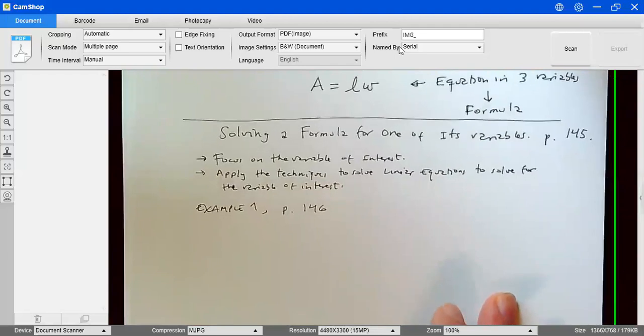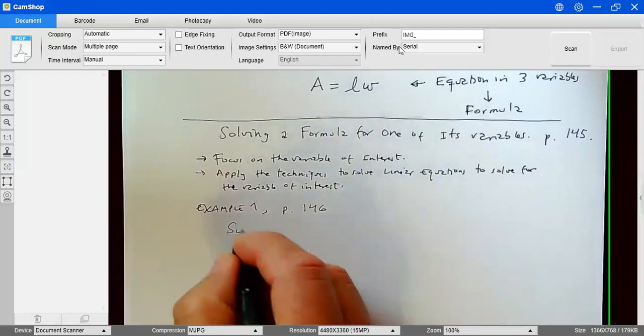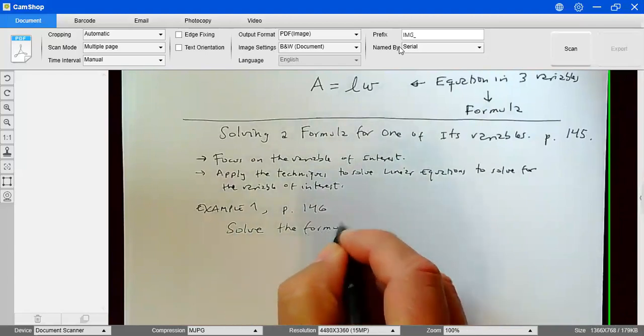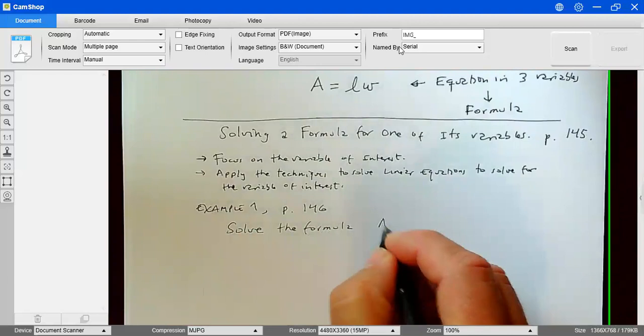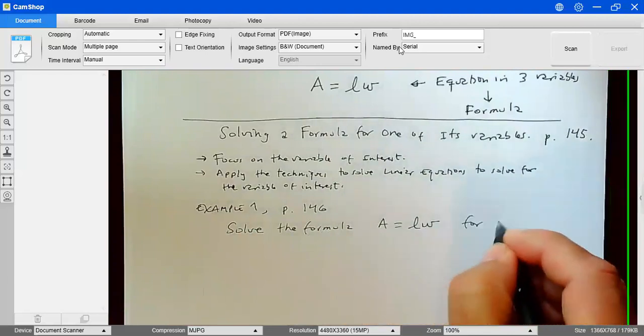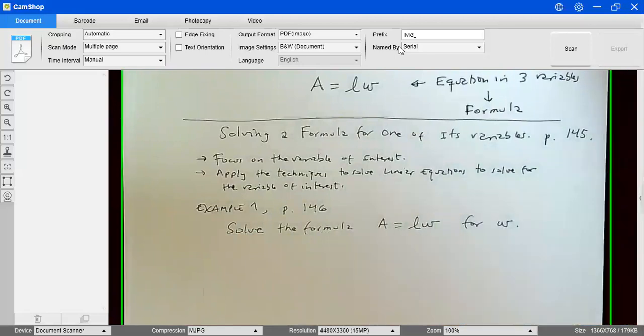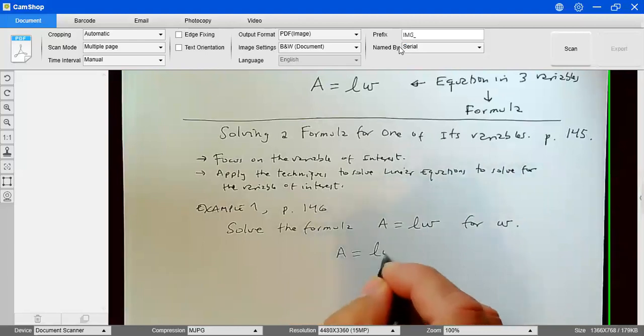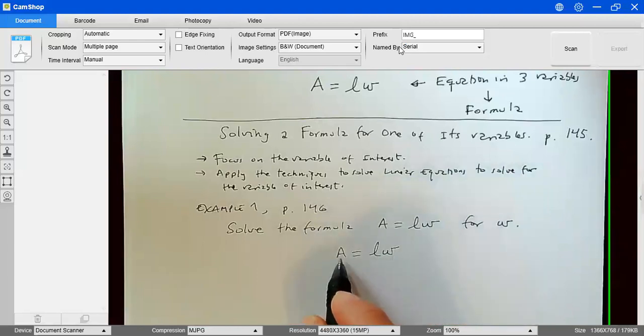So here you're gonna solve the formula capital A equals L times W for W. So there are 3 variables, but the one that is going to be our variable of interest is going to be W. So there are 3 variables here, area, length, and width, but we are interested in this variable.